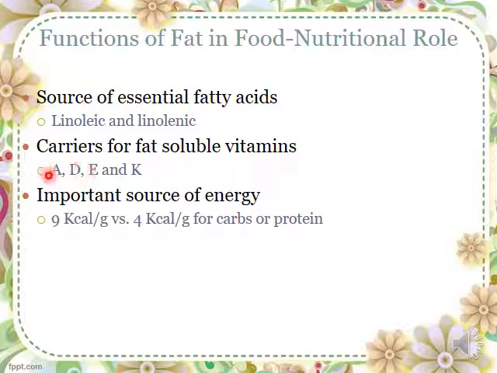So without fat, how can your body absorb these 4 vitamins? So you need fat. And of course, the third reason is that fat is a source of energy. It supplies 9 kilocalories for every gram of food versus only about half, 4 kilocalories per gram, if you take carbohydrate or protein.